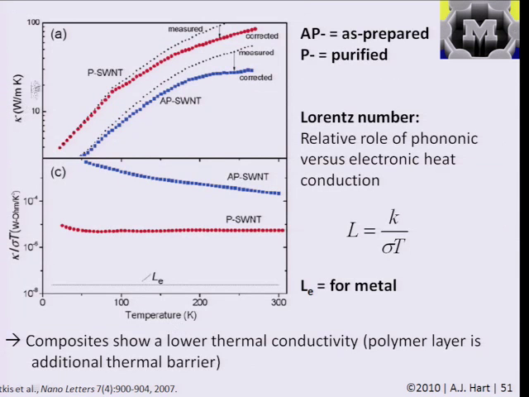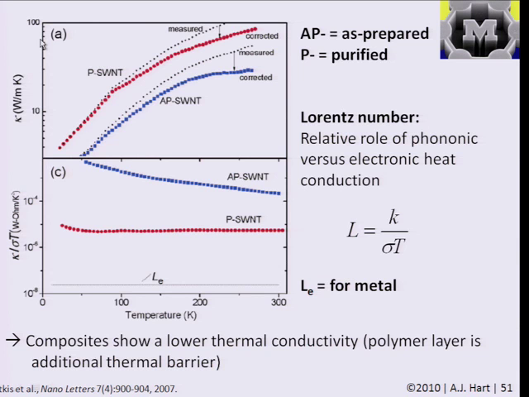So K is the thermal conductivity in watts per meter Kelvin as a function of temperature. And so if we look at the case over here, which is at room temperature, you see that the thermal conductivity of these mats is between, say, 10 and 100 watts per meter Kelvin. So it's about a factor of 10 to 30 below the conductivity of the individual nanotubes.